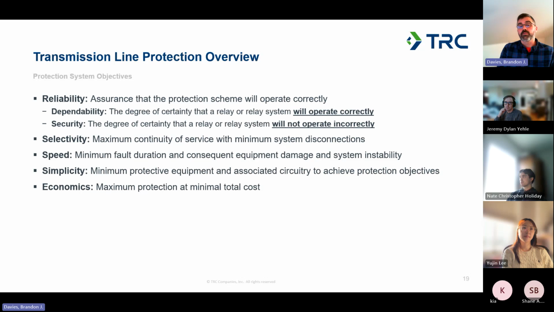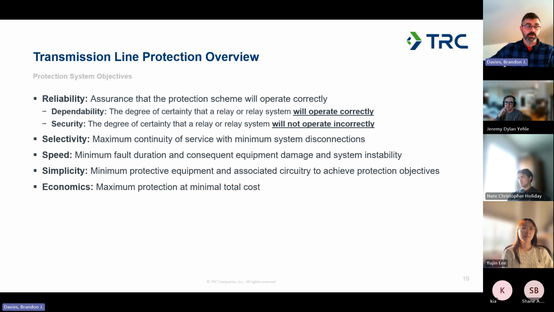An aspect of that is selectivity, which is the goal of maximizing continuity of service with minimum disconnections. This is basically the case where, if there's a fault on an adjacent line or another part of the system, you don't want the relay associated with your line to trip for that fault right away.